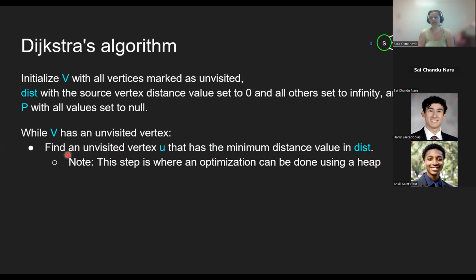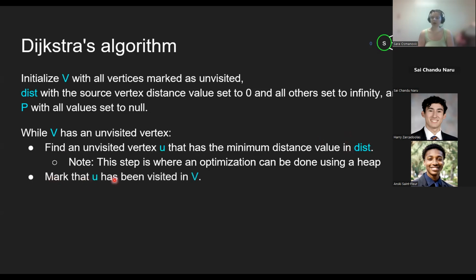And at this stage, this is where you can do the optimization using a heap, because you can use a min heap for that. And at that point, accessing this minimum distance will always be O(1).